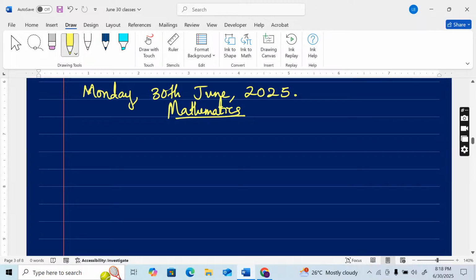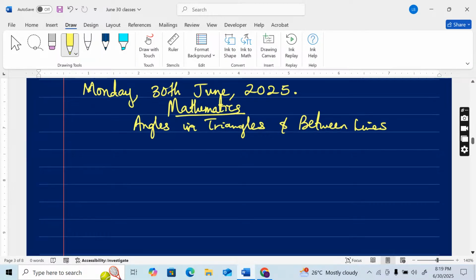It's very important that you keep learning that so you don't forget. We'll be learning angles in triangles and between lines.